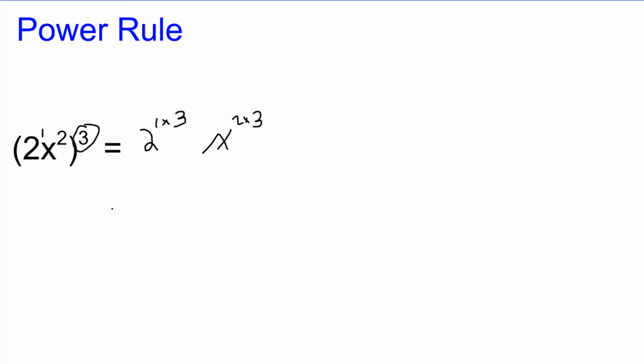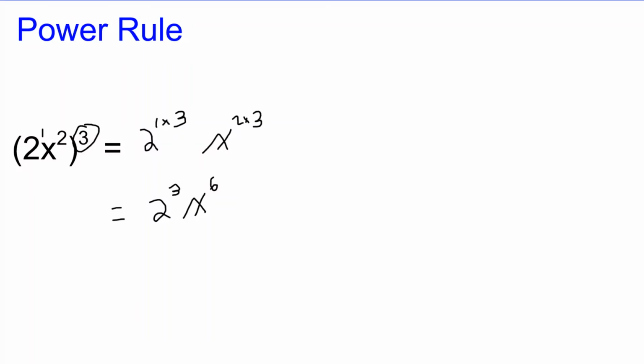So if we do both of those, we're going to get 2 to the exponent 3 attached to x to the exponent 6. So we had to multiply both the exponents, both on the number and the variable itself. A lot of people forget to do the number and just leave it as 2x to the exponent 6. It has to be 2 to the exponent 3, x to the exponent 6.